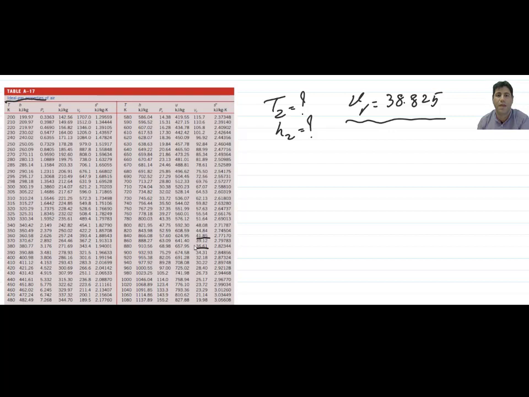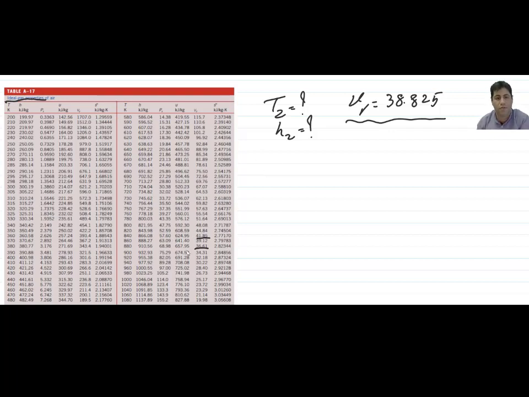The VR, or relative specific volume, which we have is in between these two values. So the other thermodynamic properties also will be between the thermodynamic properties for these two different states. So now let's see how we can do interpolation here.